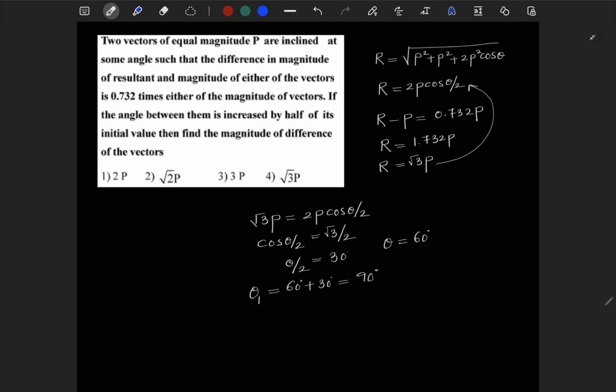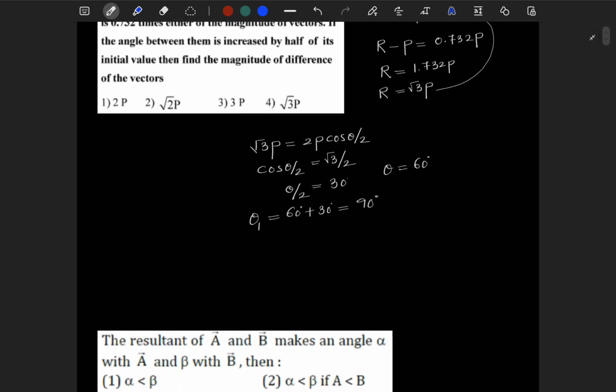Then the magnitude of difference of the vectors is, so you are supposed to find the magnitude of difference of the vectors, which is modulus of P bar minus Q bar, which is root of P square plus Q square minus 2PQ cos theta. But we know that both the vectors are same, so it becomes 2P sin theta by 2.